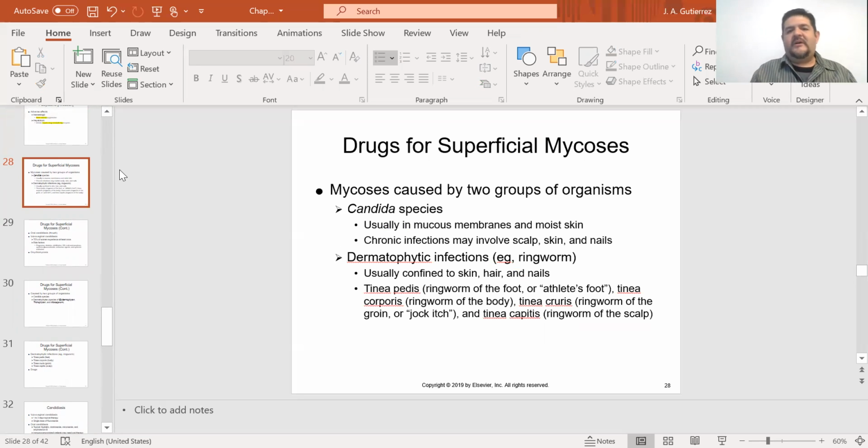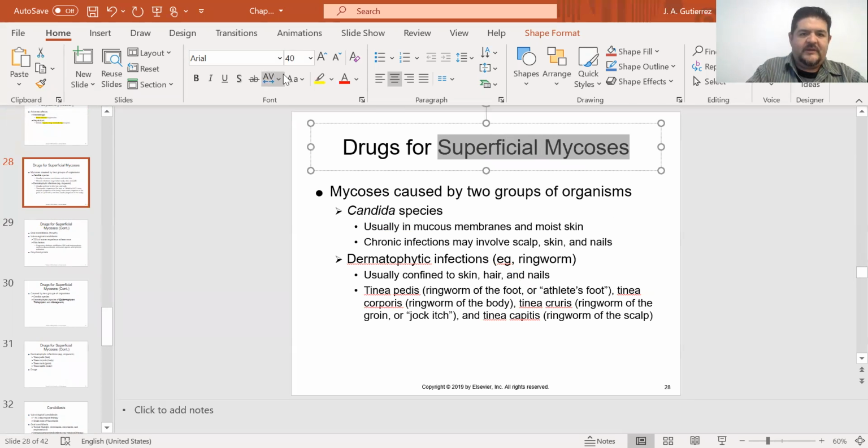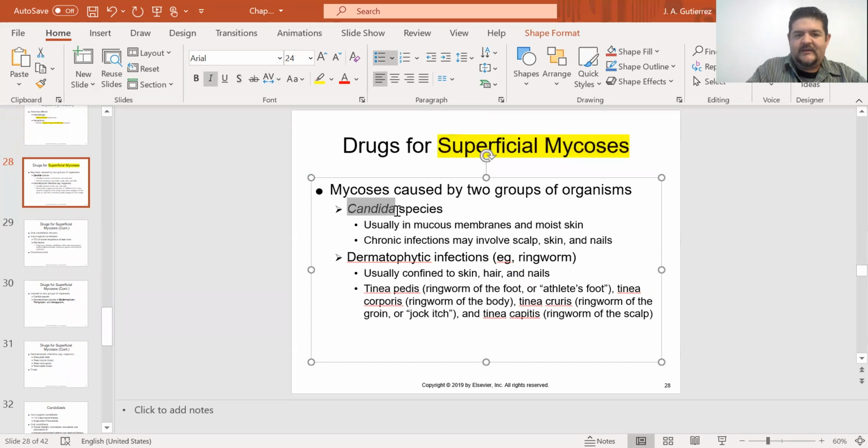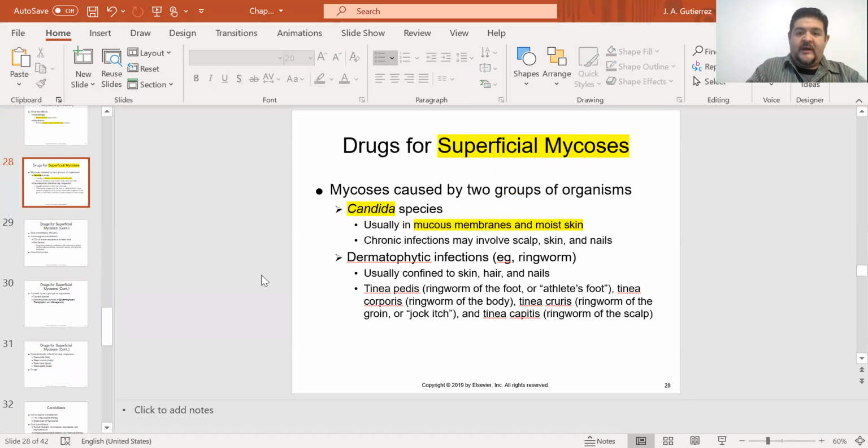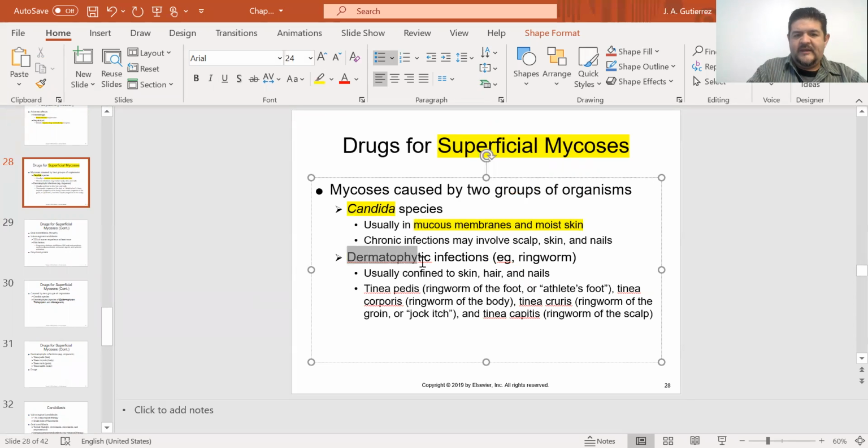Now let's jump to superficial mycosis. Medication for superficial mycosis. Regarding mycosis, again, Candida. Candida is very common. It's found in all of the mucous membranes and moist skin. Other fungus in the body, the dermatophytes.